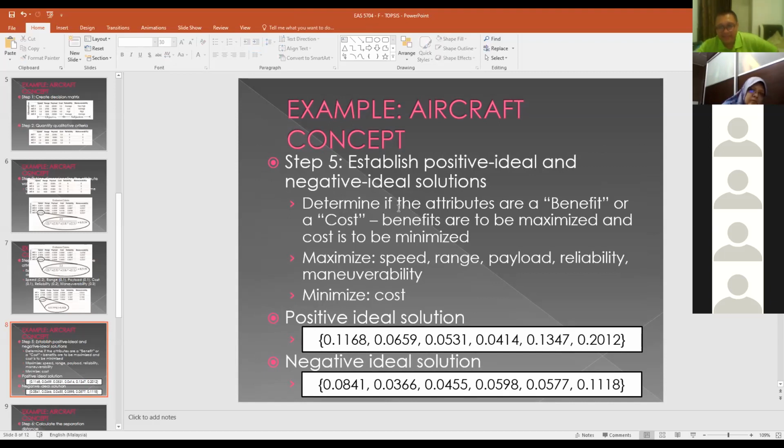Determine if the attributes are benefit or cost. Okay, benefit means is it good for you, or cost means is it bad for you.